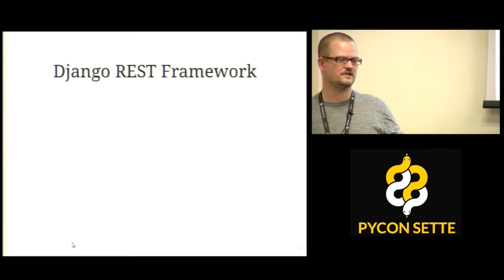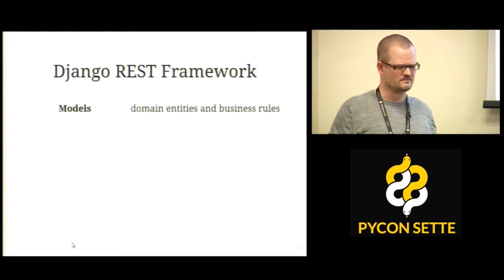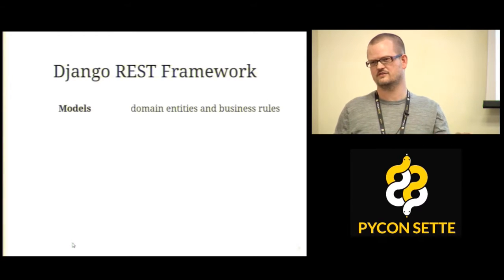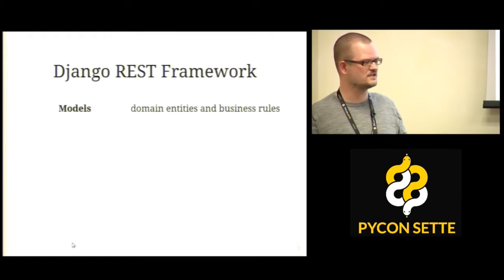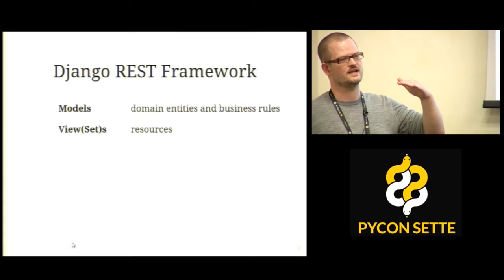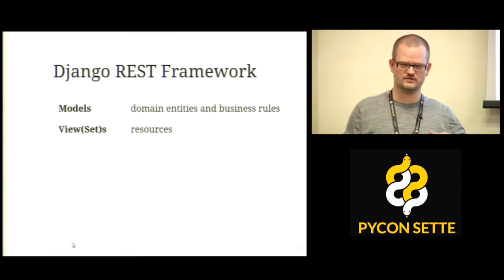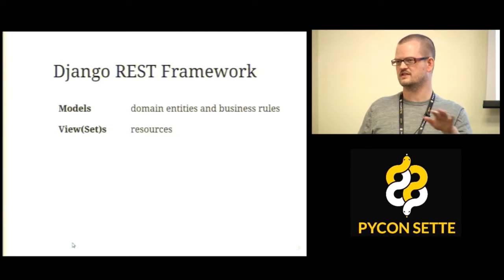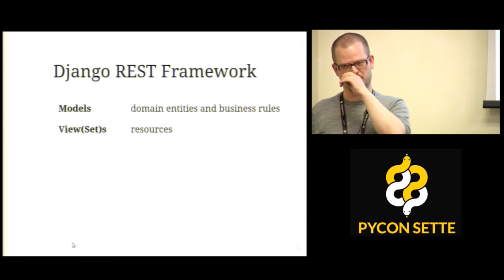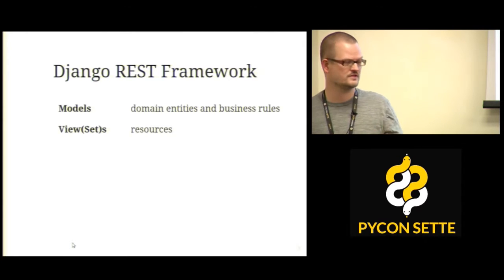It is beautifully layered. It starts with models, just like regular Django, where you have the entities and business logic. Then it adds views, also just like regular Django. And these look a lot like what I just described as resources, because they define the API endpoints.